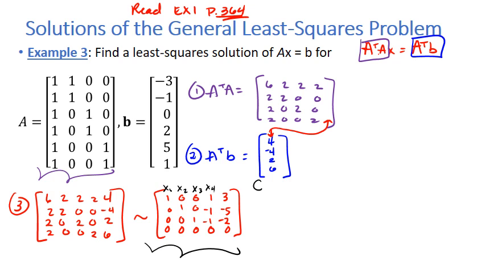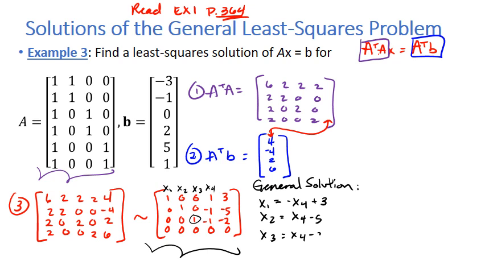So my general solution becomes the following. x1 is equal to negative x4 plus 3. x2 is equal to x4 minus 5. x3 is equal to x4 minus 2, and then x4 is free.